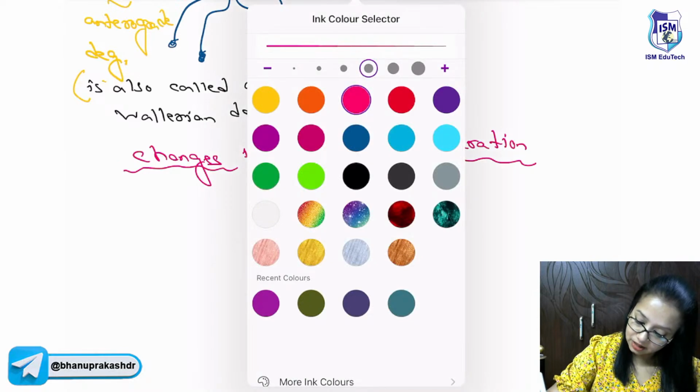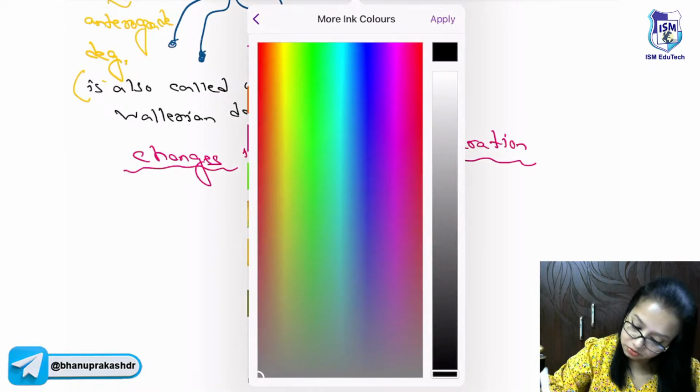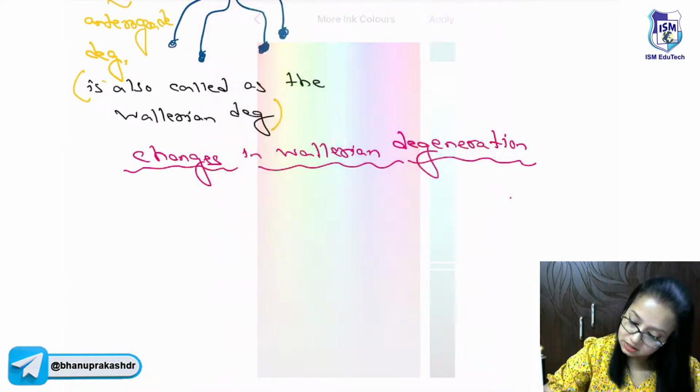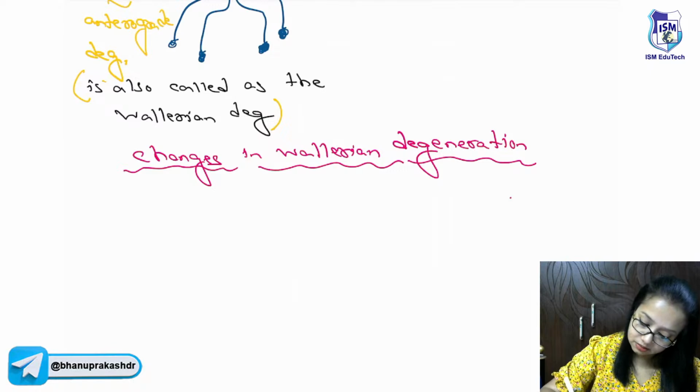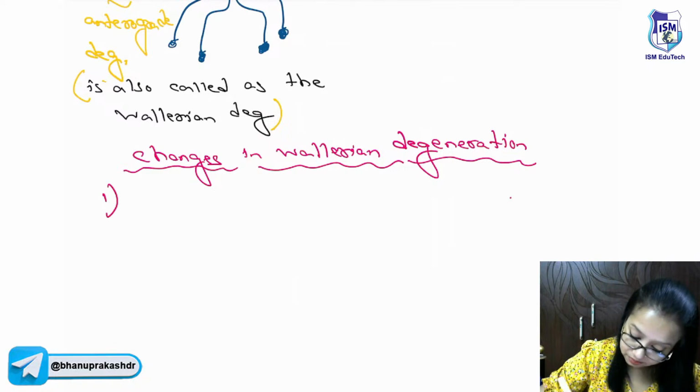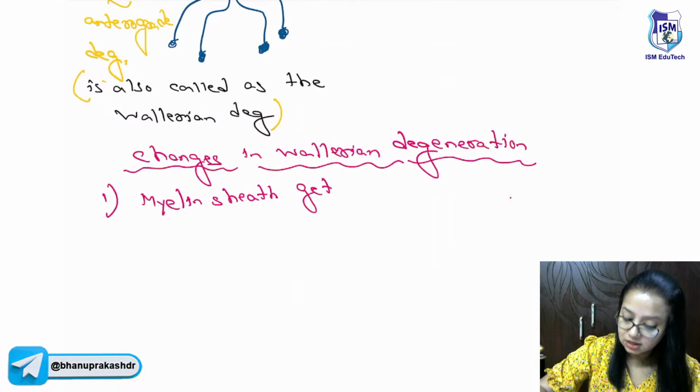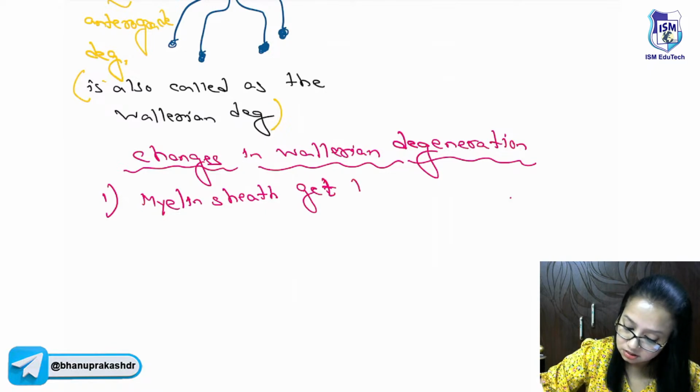First and foremost thing that happens in the Wallerian degeneration is the myelin sheath gets damaged.